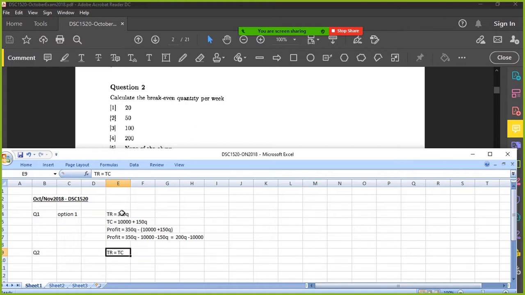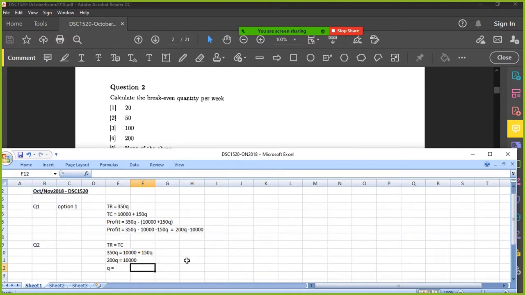So you're going to make this equation 350Q equal to 10,000 plus 150Q. Make sense? And then solve for Q, the break even quantity. Take the 150 across, it becomes minus. So you'll have 200Q equals 10,000. So Q is 10,000 divided by 200, option 2.